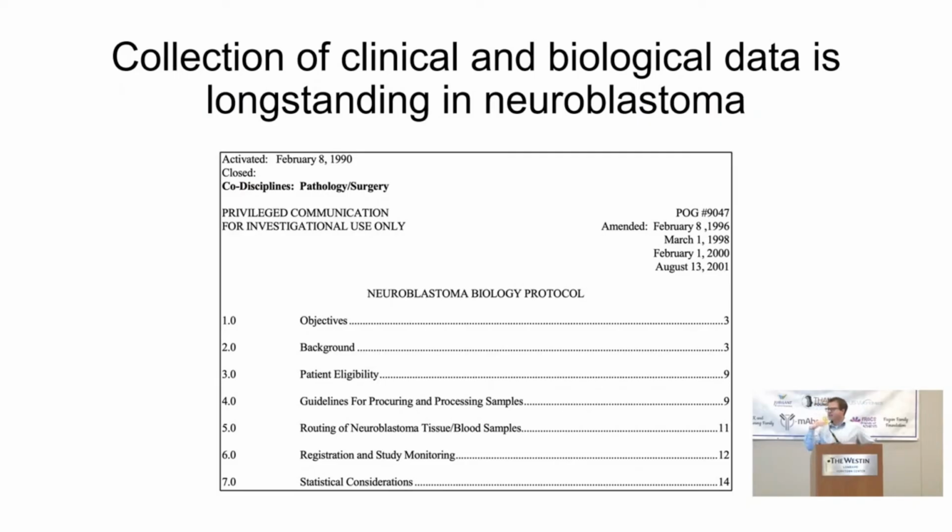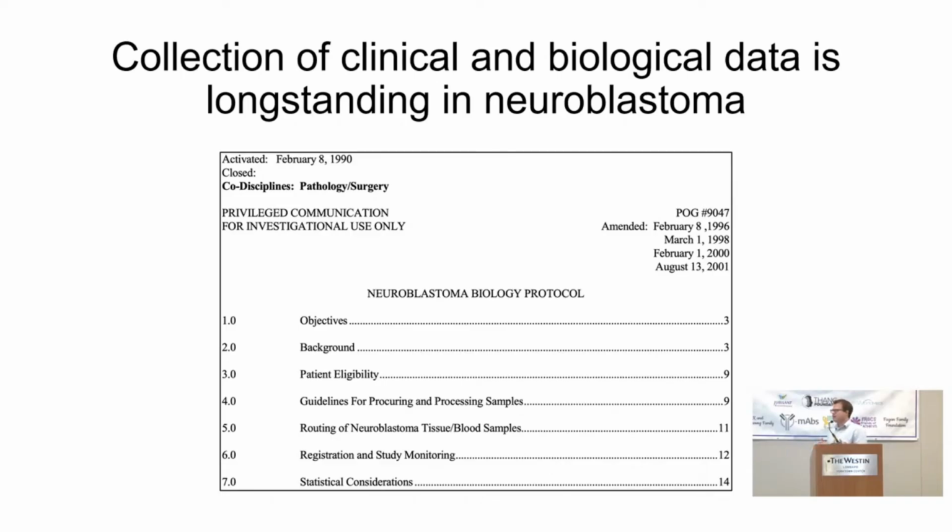So I want to take a little trip back in time, just to start with. This is the front sheet of a biology protocol that, as you can see, was started in 1990, and this is actually a Pediatric Oncology Group study, one of the precursors to COG. And this was the very first one in neuroblastoma where there was an effort to start collecting data on patients.